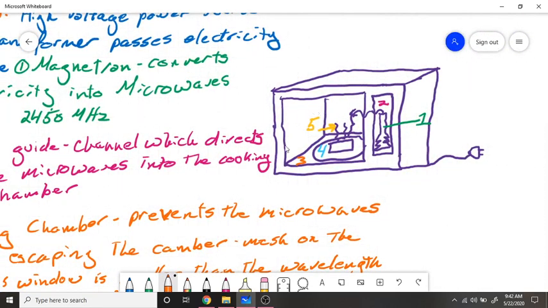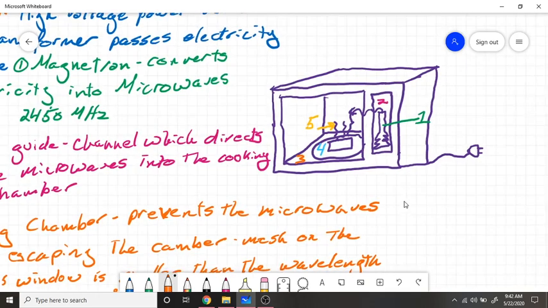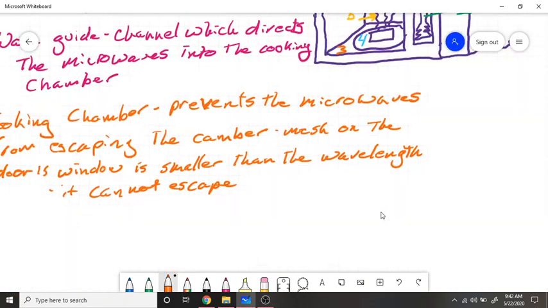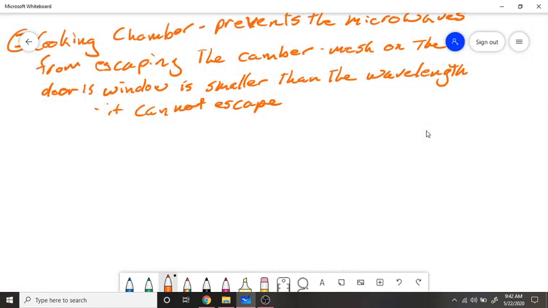So this cooking chamber is sealed. The microwaves just bounce around off of all of the walls, and that little mesh that is on the window of the door is small enough such that the microwaves cannot leave the chamber at all.